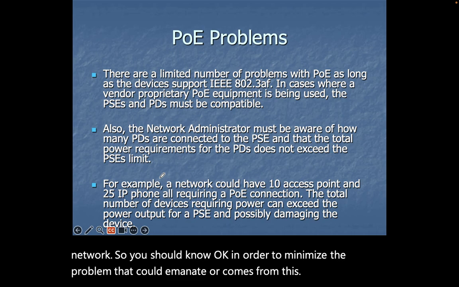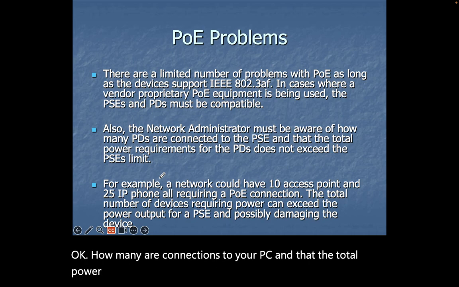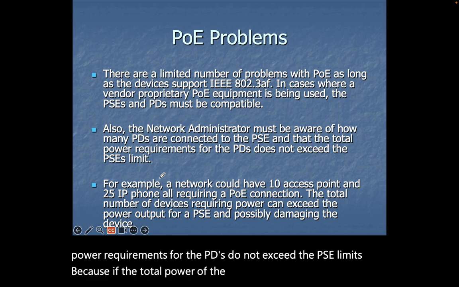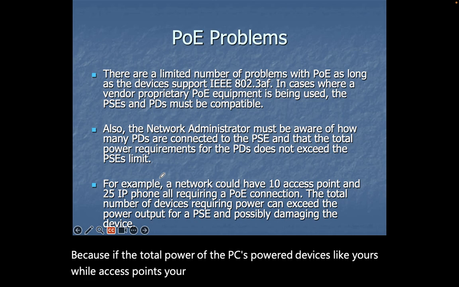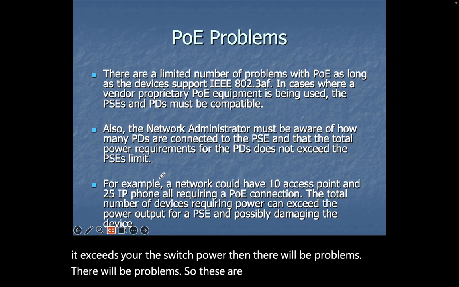You know how many are connected to your PSE, and that the total power requirements for the PDs do not exceed the PSE limits. Because if the total power that the PDs, like your wireless access points and IP phones, need exceeds the switch power, then there will be problems.